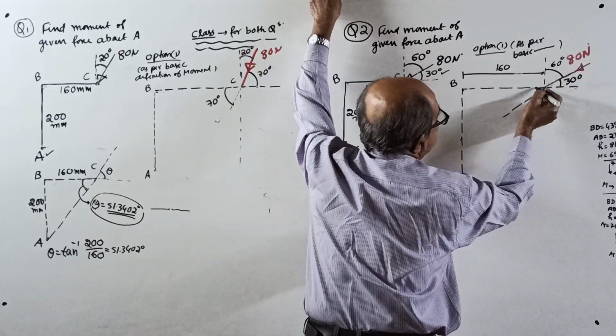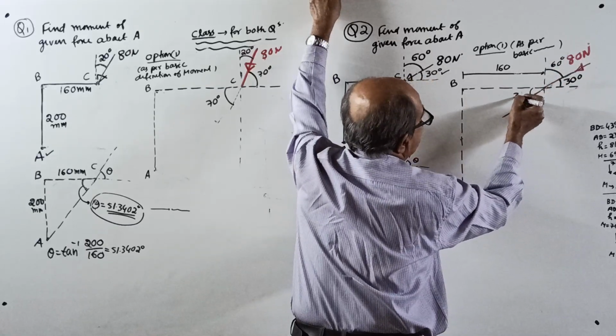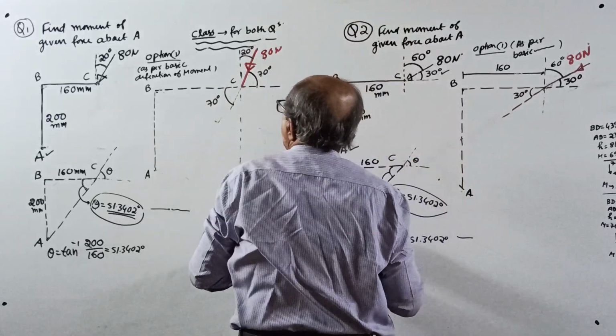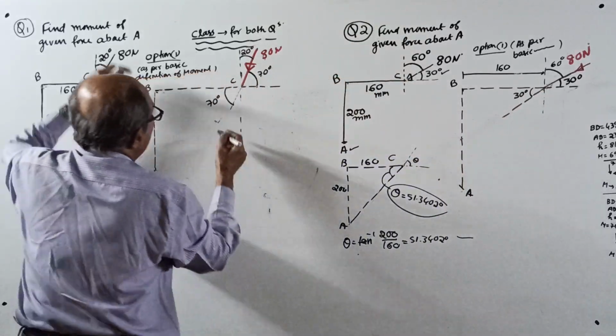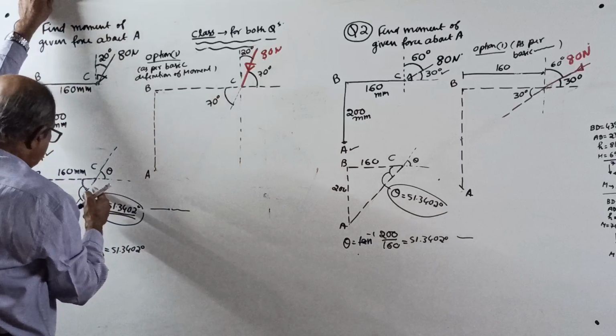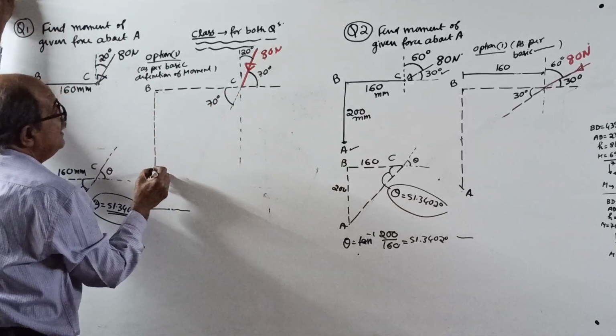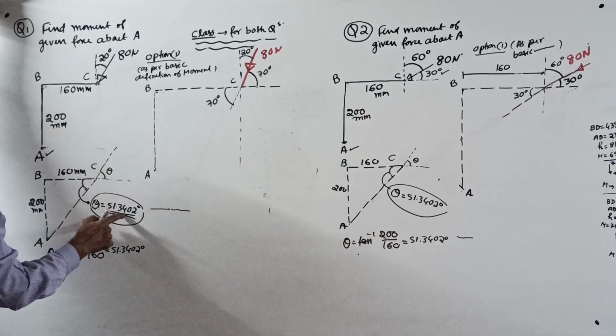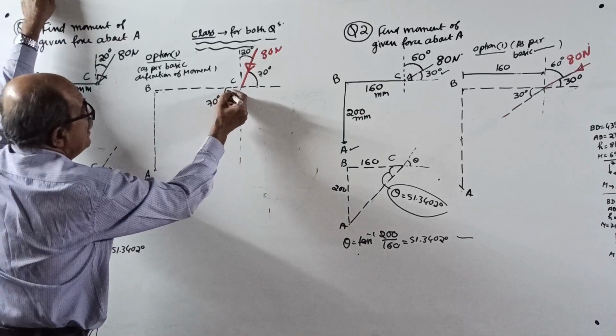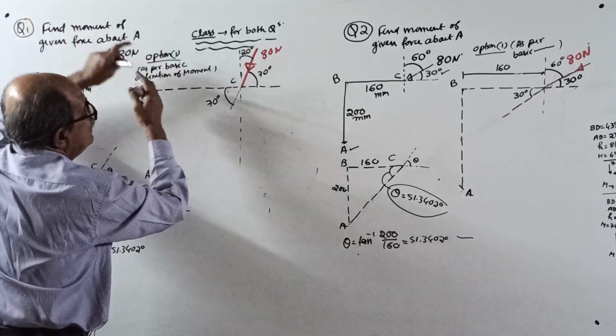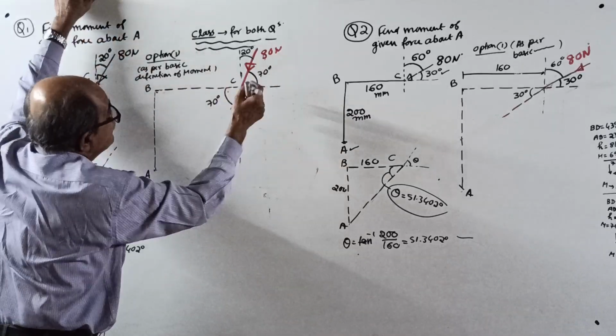This is 30 degrees. If you extend, this also is 30 degrees. You write the procedure: come to the inner side and mark the angle. Now if you join C to A, it is making angle of 51.34 degrees.